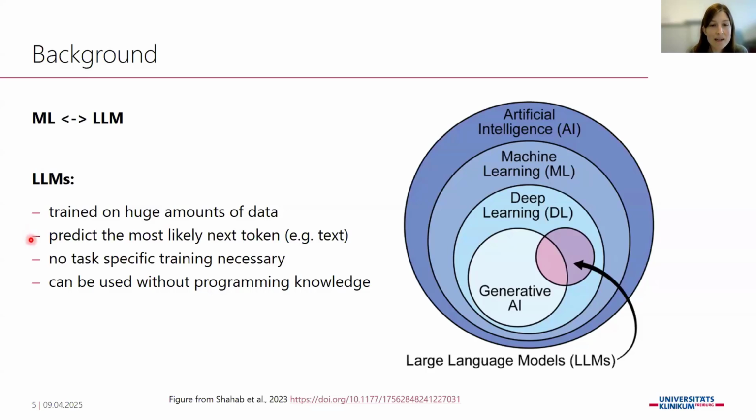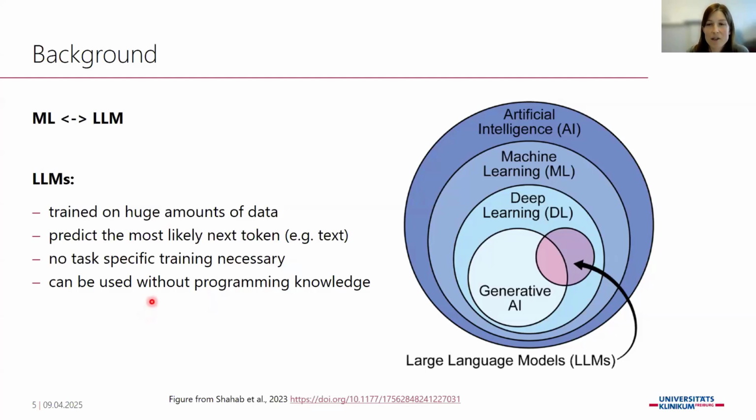And what is really important, and what makes it so easy, is that large language models do not need task-specific training for conducting any task. So this, of course, makes them very, very useful. And the other important thing, which I'm sure you have already noted when using, for example, ChatGPT, is that they can be used without any programming knowledge.